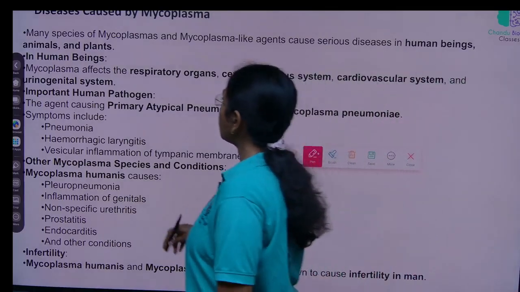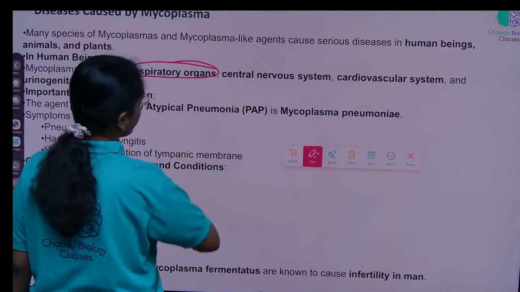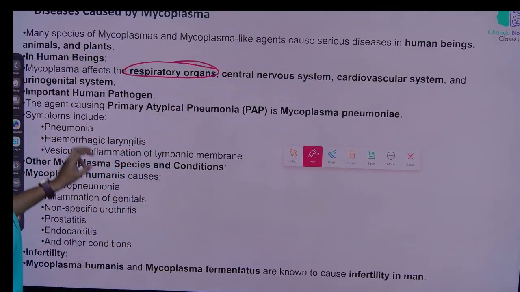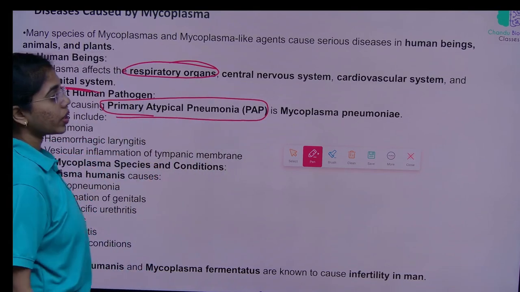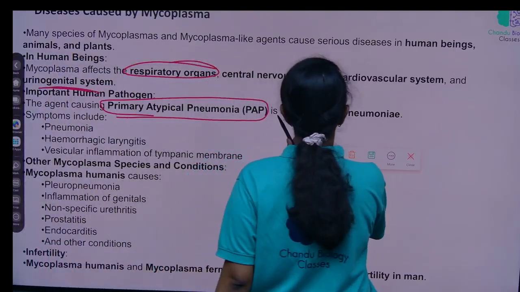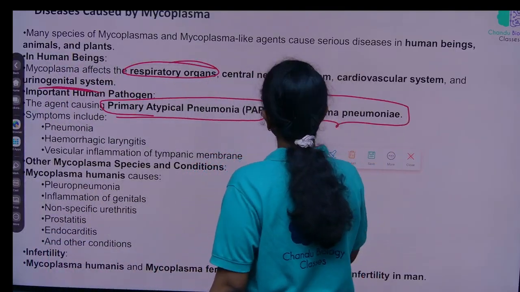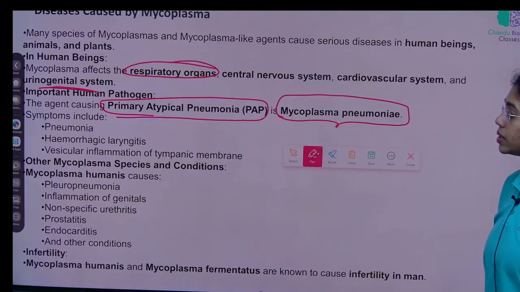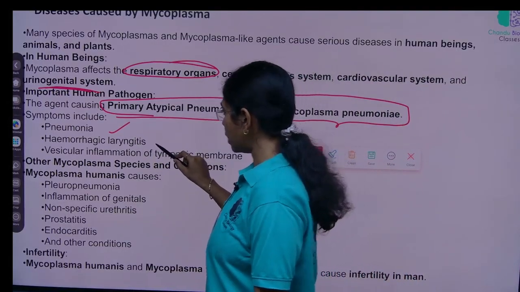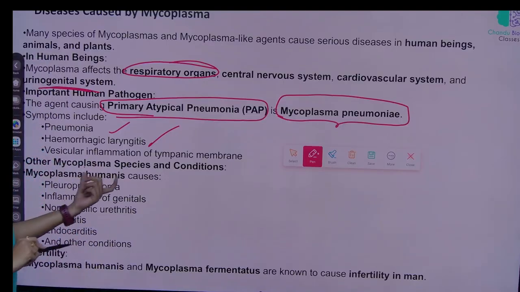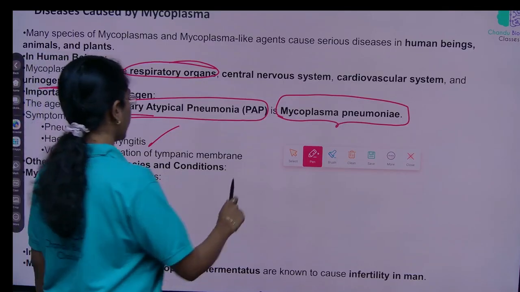Mycoplasma will affect the respiratory organs, circulatory system, cardiovascular system and urogenital tract as well. The agent which causes primary atypical pneumonia, PAP, is Mycoplasma pneumoniae, okay. Symptoms include pneumonia, hemorrhagic laryngitis and vesicular inflammation of the tympanic membrane, okay.